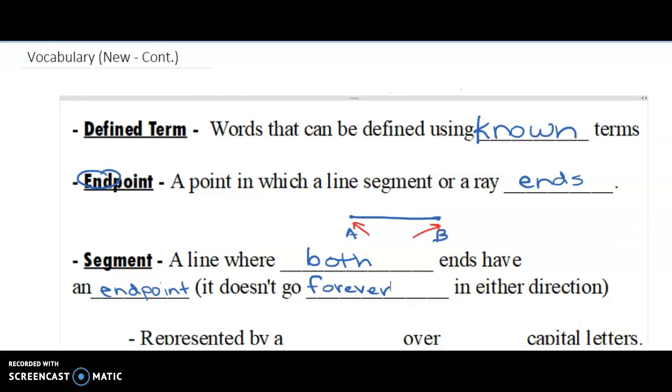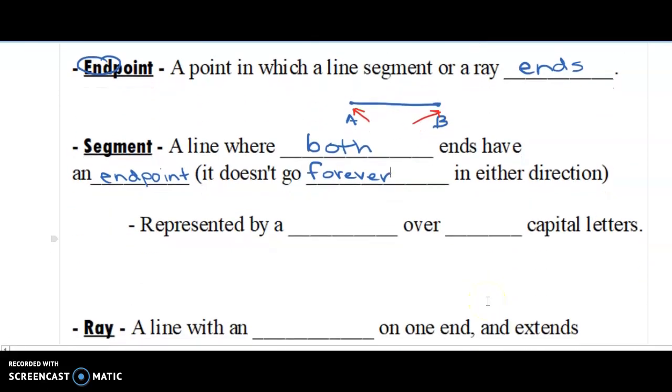Now segments, guys, are represented by a single line over 2 capital letters. So if I wanted to name this, I would write segment AB with a line over top. You do the line so you know it's a segment. Or since they both end at A and at B, you could write this as BA with a line over top as well.